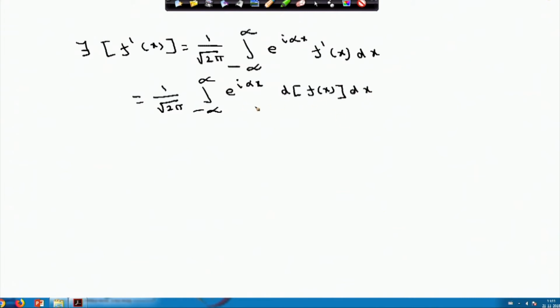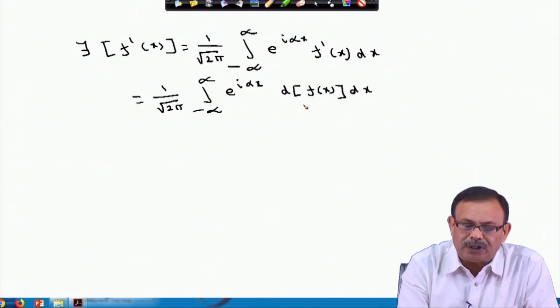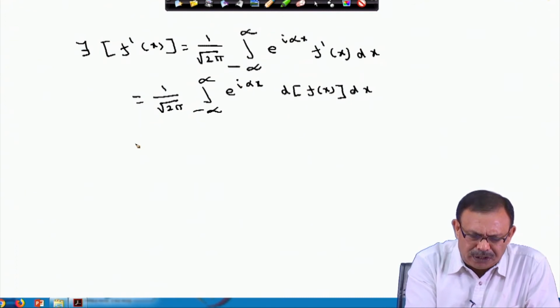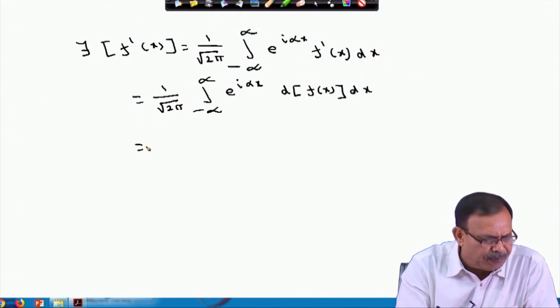So, now I can take one as the first function, other one as the second function, and I can integrate it by integration by parts.